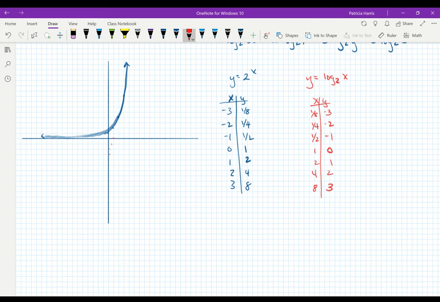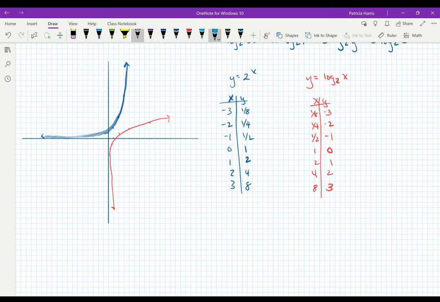Kind of hard to do with all the little fractions. Okay, so you can see here that they are truly reflections across the line y equals x.